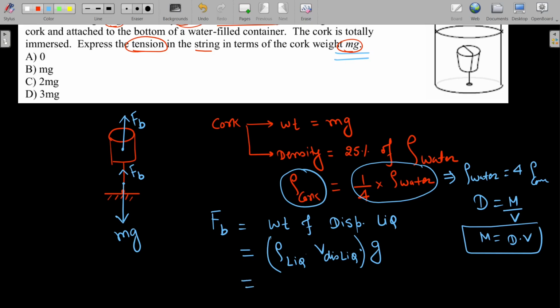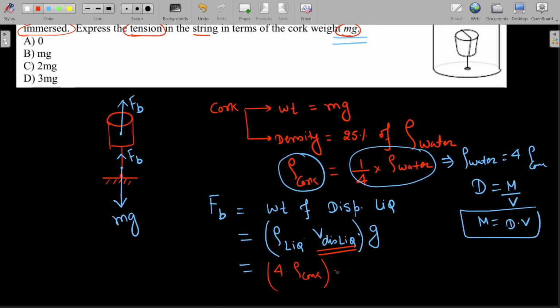We want to write here density of liquid, so density of liquid should be 4 times density of cork, right? This into V, volume of displaced liquid. What is the volume of displaced liquid? In the question, it is given that the cork is totally immersed. So the volume of displaced liquid will be the same as volume of the complete cork, and this times g.